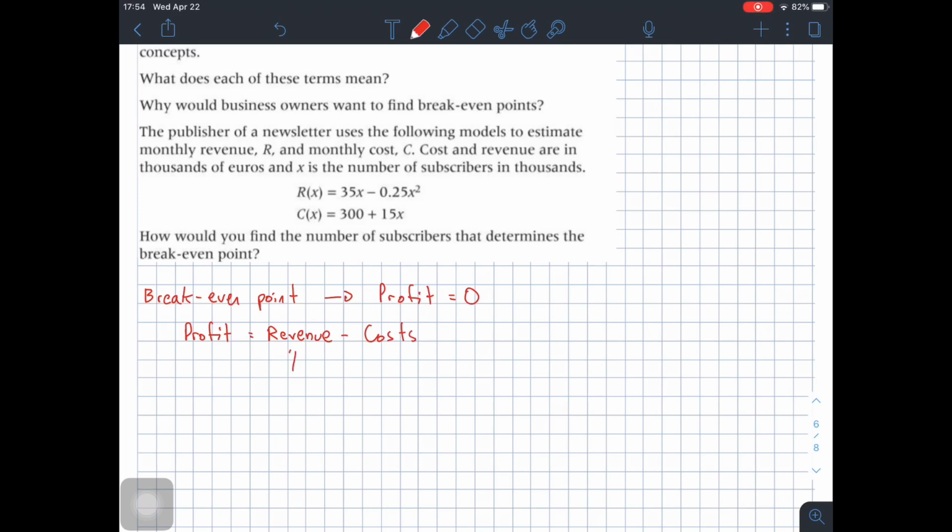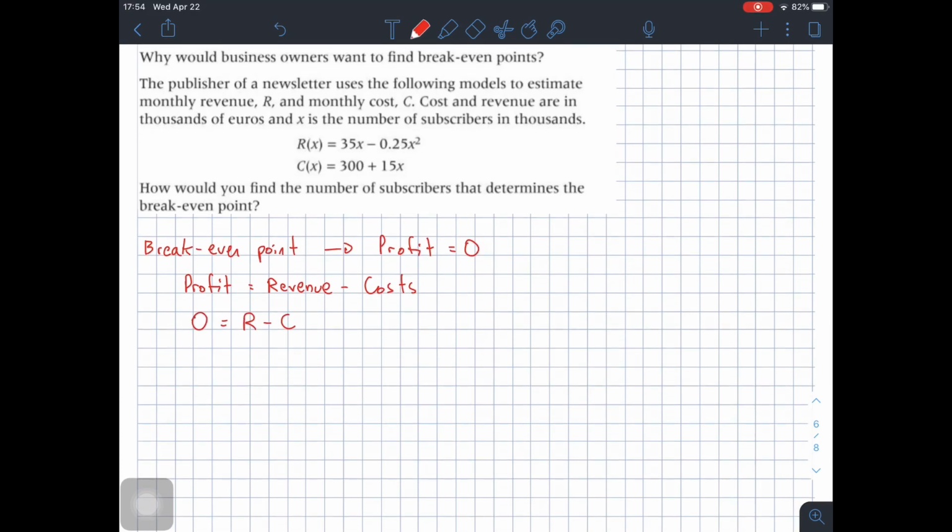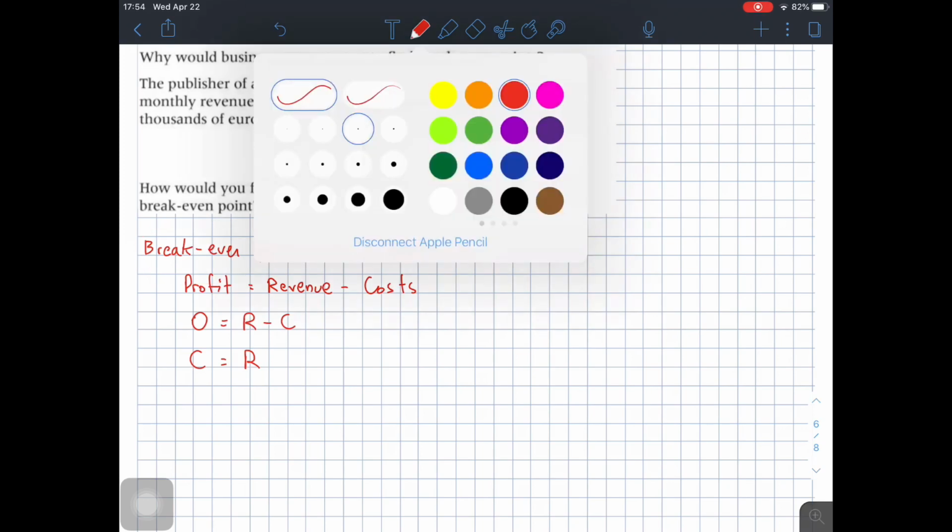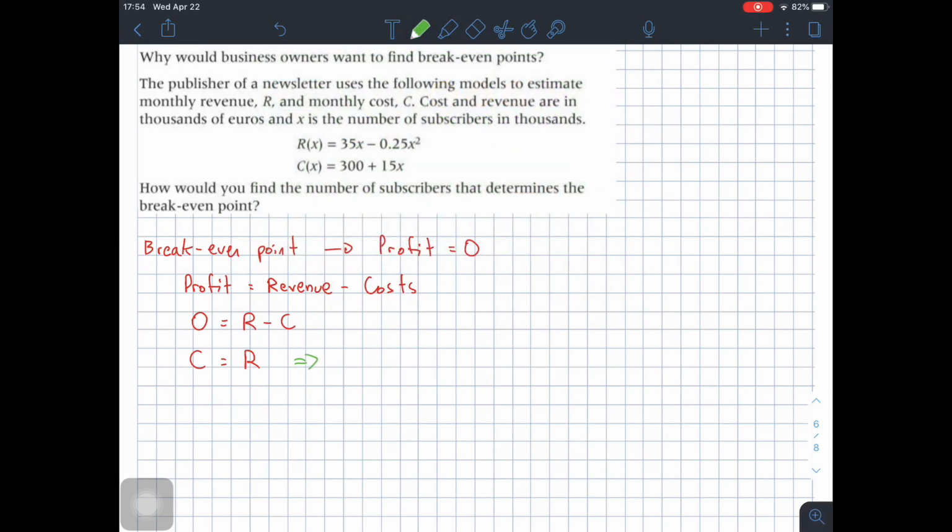My income minus my expenses, right? So if my profit is zero, then what will happen? If this is zero, this is revenue minus costs, then what I obtain is that my cost equals my revenue. That's the condition for a break-even point, okay? This is what we call break-even point.